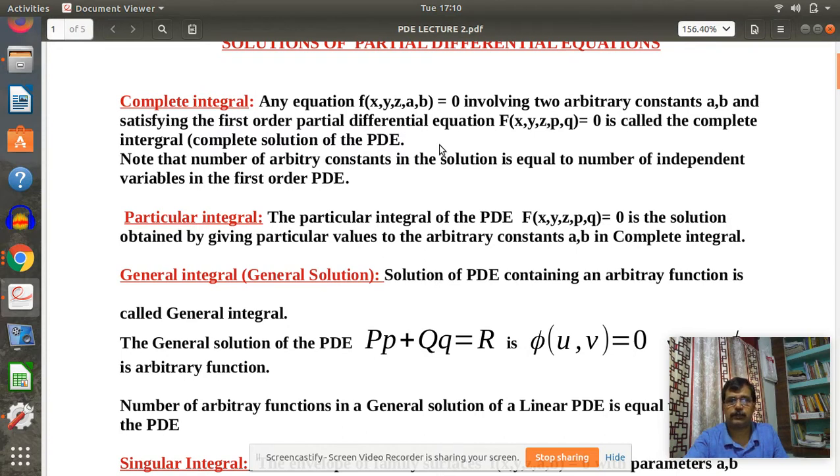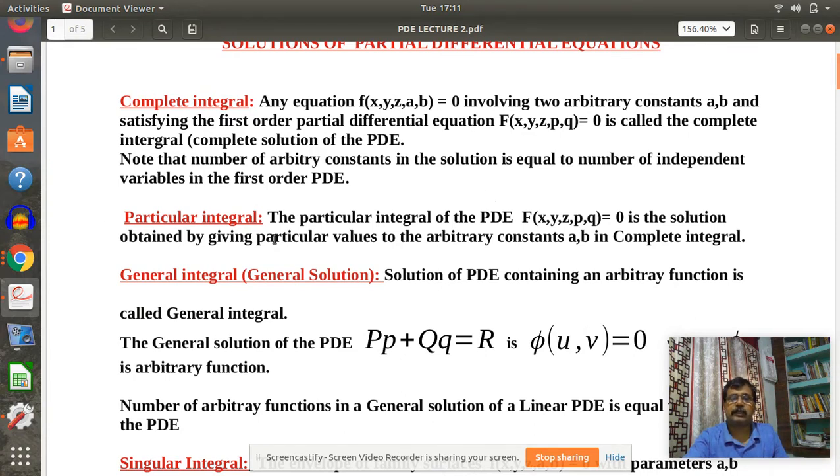That is an equation which is a solution of the given partial differential equation which contains the same number of arbitrary constants as the number of independent variables. That is, the first order equation contains two independent variables, so its complete solution contains two arbitrary constants. So that is the idea of complete integral.